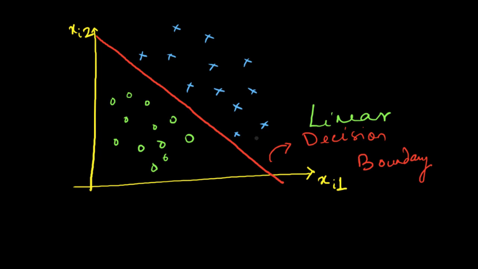However, like the case of linear regression, here you can have a kind of nonlinearity because each of these input parameter values or input feature values could be nonlinear functions of other features. So for example, this xi2 could be a square or a cube of xi1.